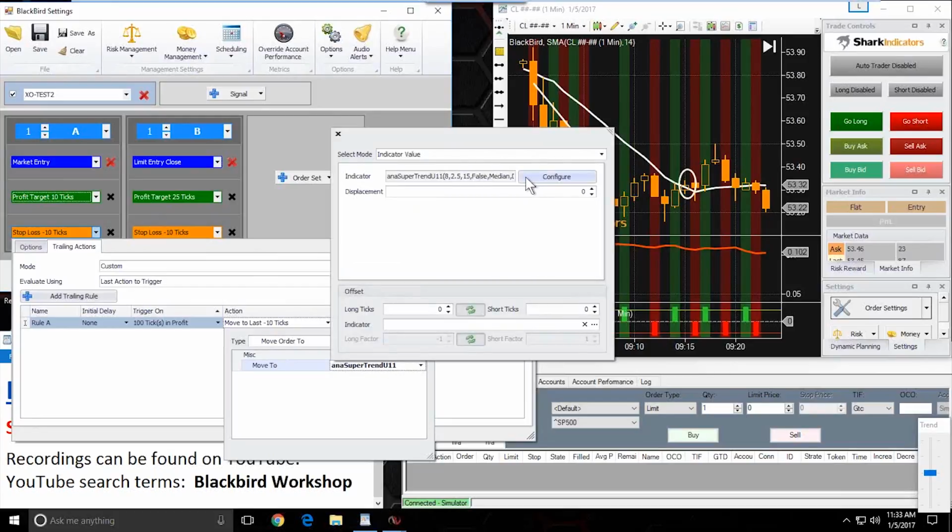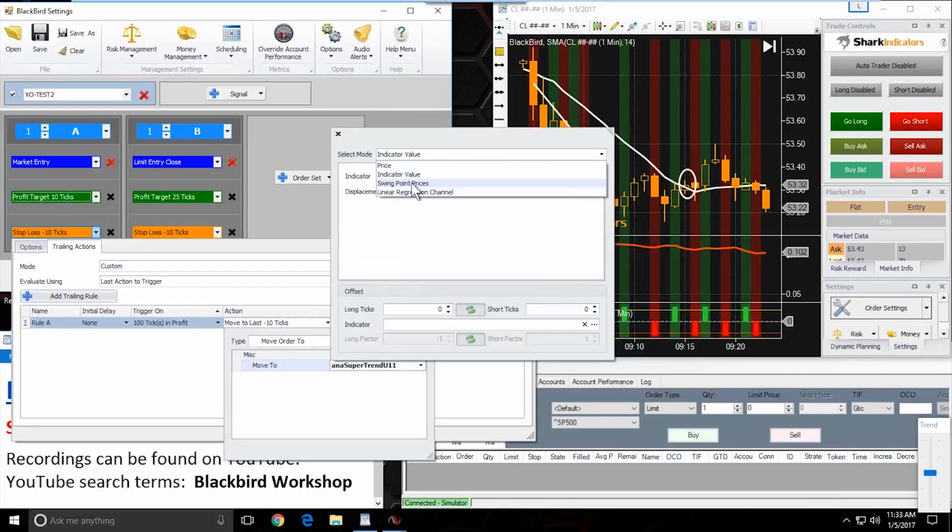Yeah. So if you have some kind of custom indicator that's plotting your stop loss prices, right, then that's what indicator value is for. You can use an indicator to control where your stop losses go. All right, so indicator value is pretty straightforward.